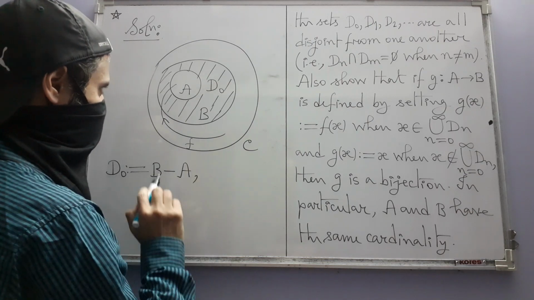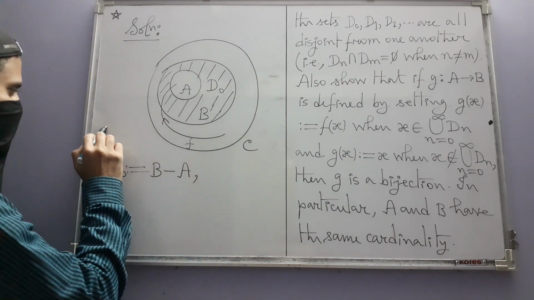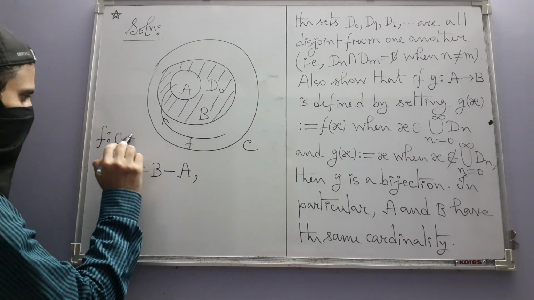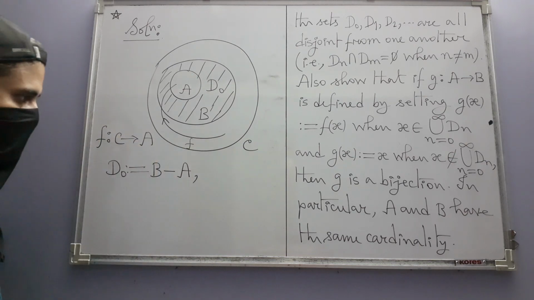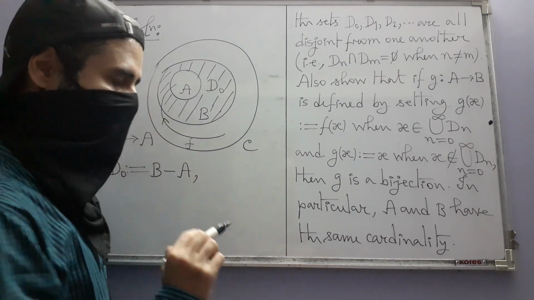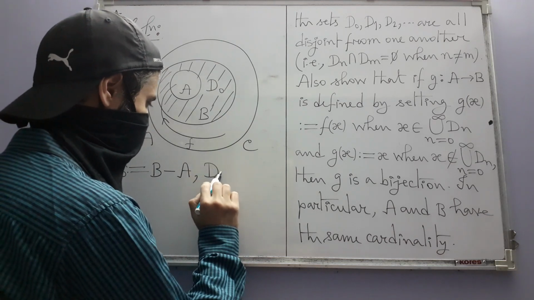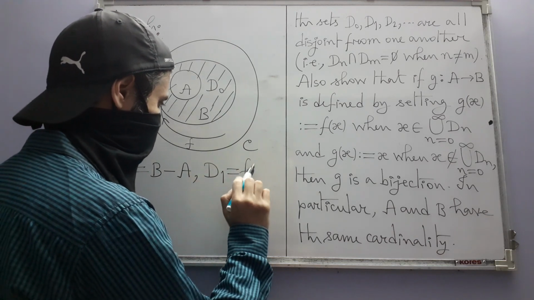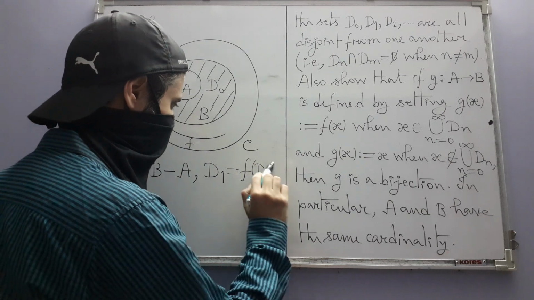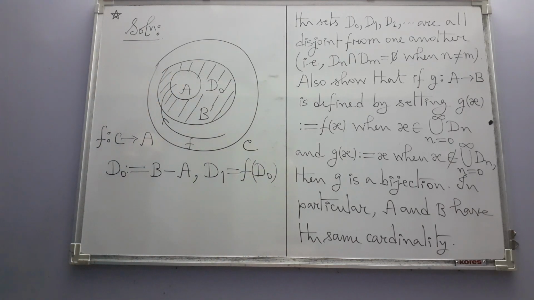Okay. But now, because F is a function from C into A, what will happen to D1? By the recursive definition, D1 is nothing but the F image of D0.